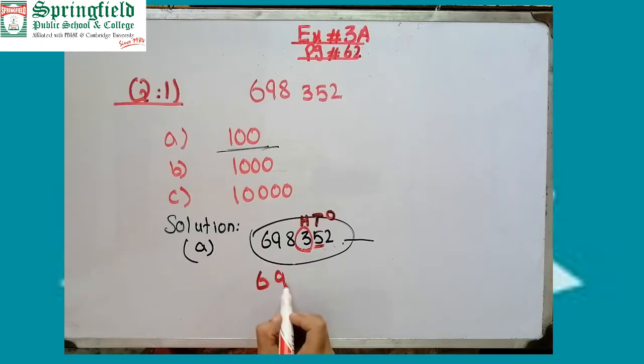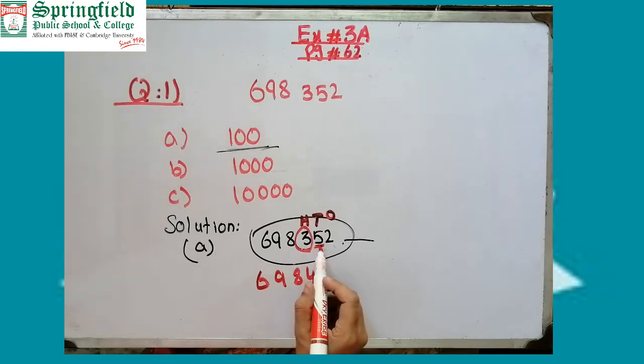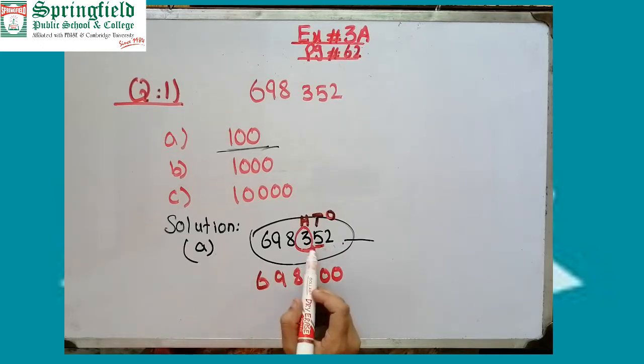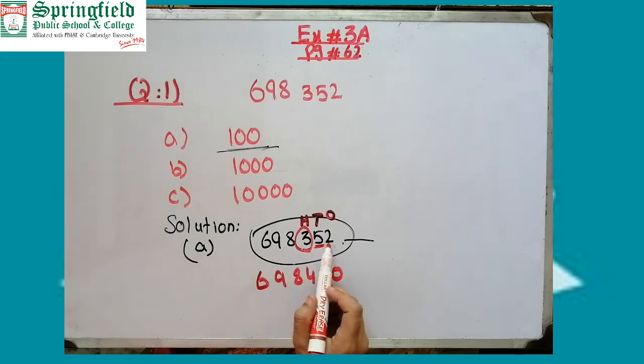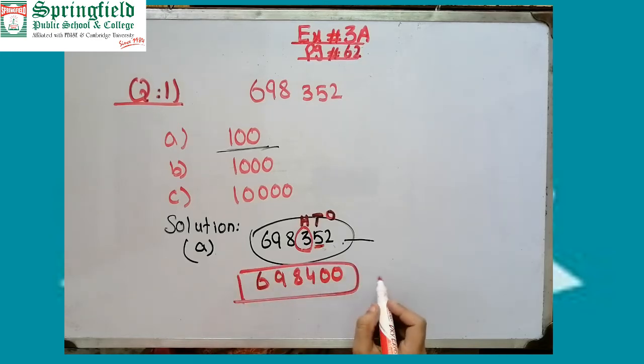So 698 will become 698400, and after the circled digit all the digits will become 0. How many digits after the circle? 1, 2. There are 2 digits, so we will write two 0s, and this is your final answer.